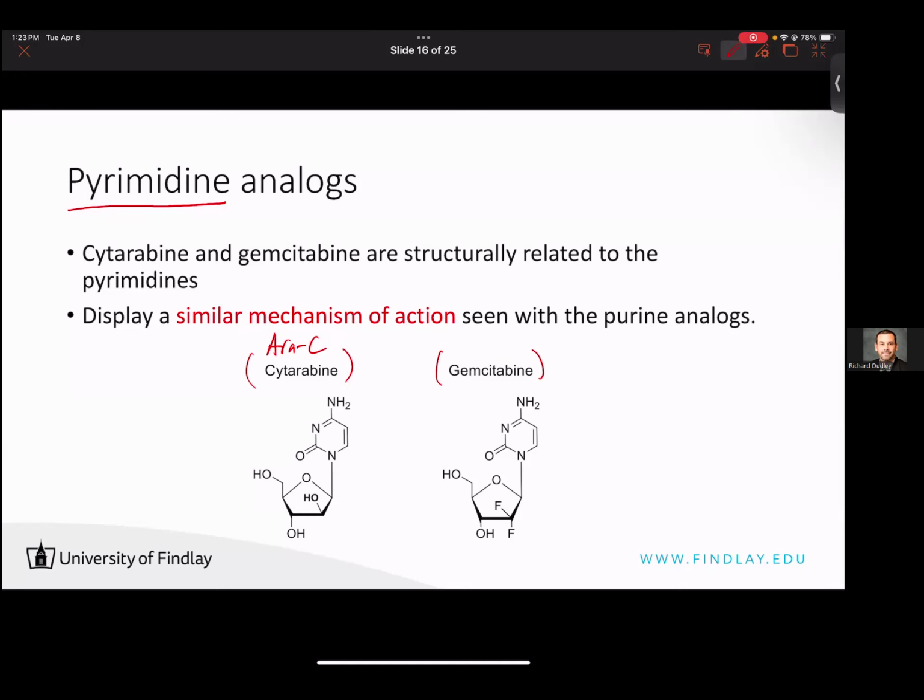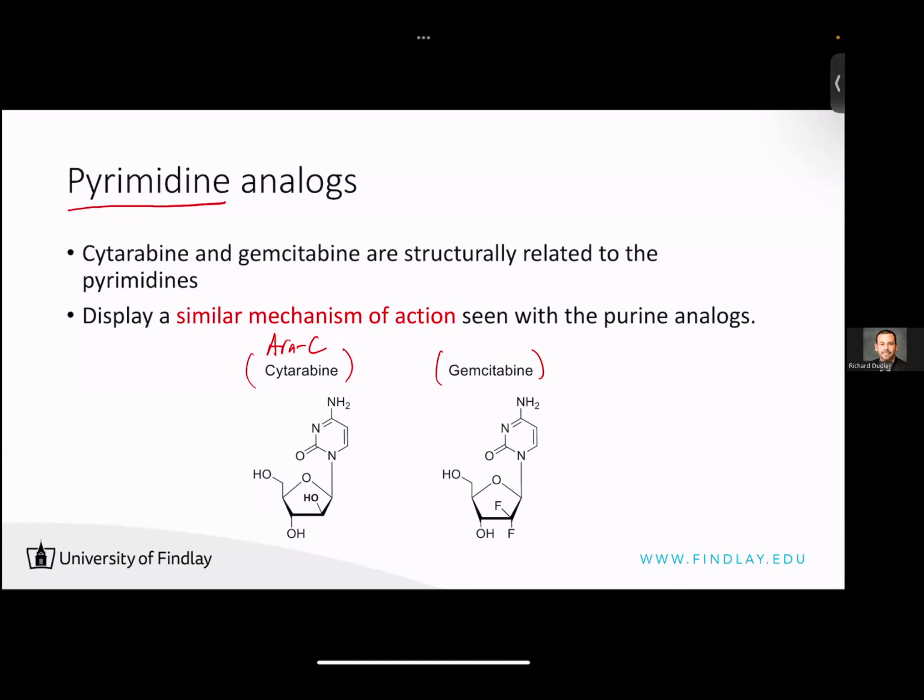These drugs can actually get phosphorylated a couple times and then get incorporated into a growing strand of DNA, causing DNA breakage because, again, here is an unusual presentation of a ribose that DNA does not want to see or deal with, and that can lead to DNA breakage. Likewise, the fluorine, albeit not very large in van der Waals radii, still presents a problem, a conundrum, for the double helix, right?